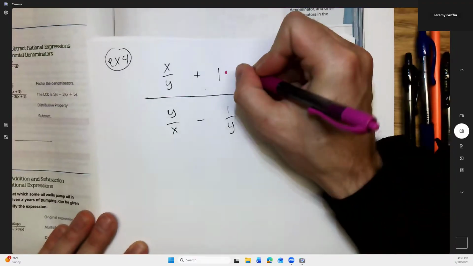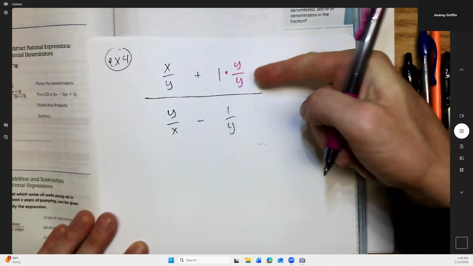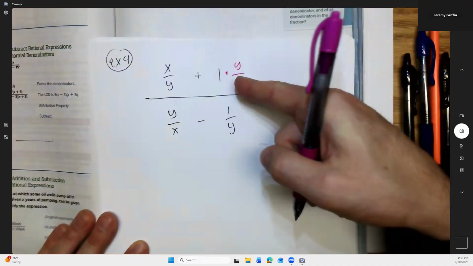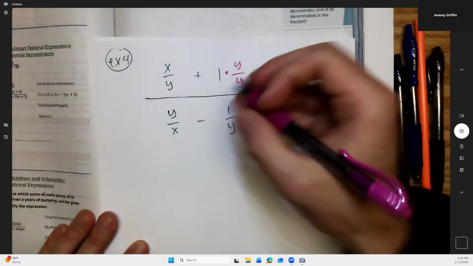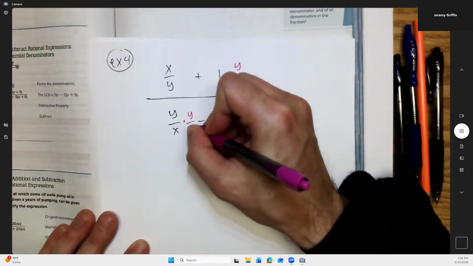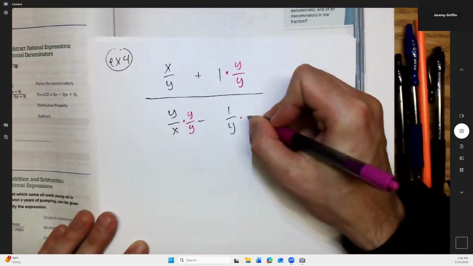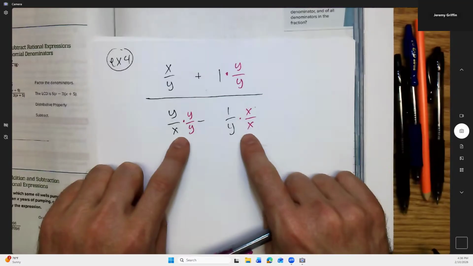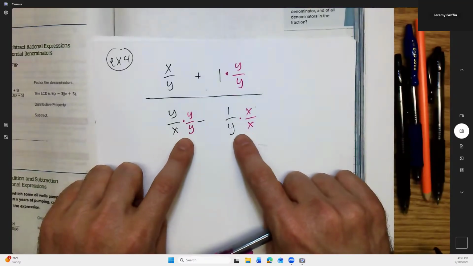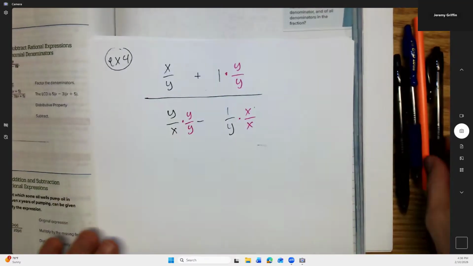Starting from the numerator, I would multiply this by y over y so that I get a common denominator within that larger numerator. And then down here, I'm going to multiply this little piece by y over y, multiply this by x over x. Therefore, these two fractions will have the common denominator xy, and I can push those together.